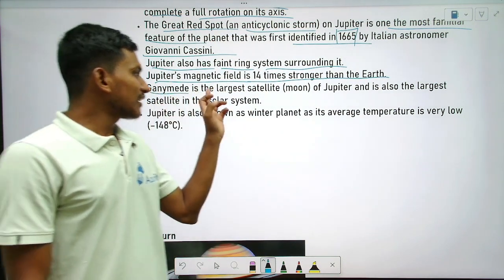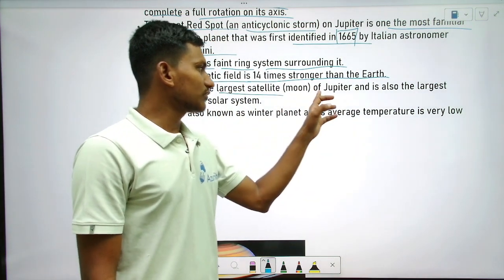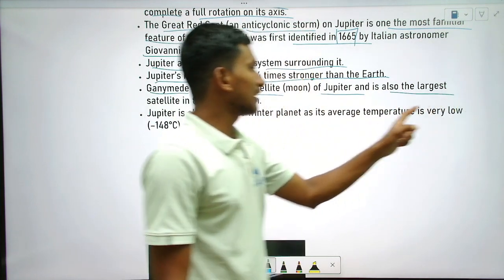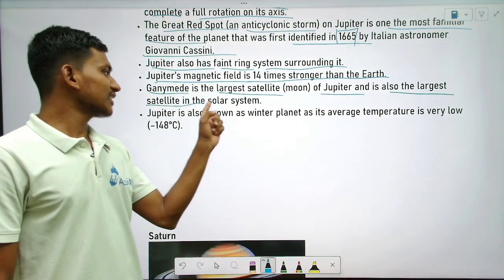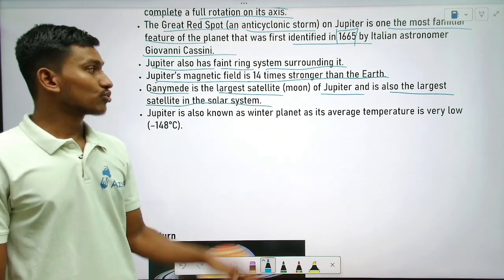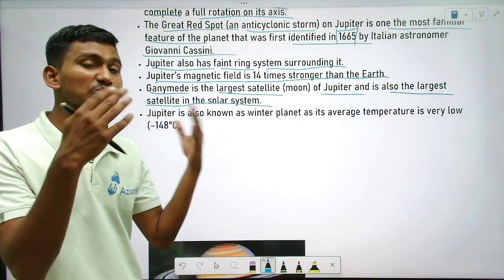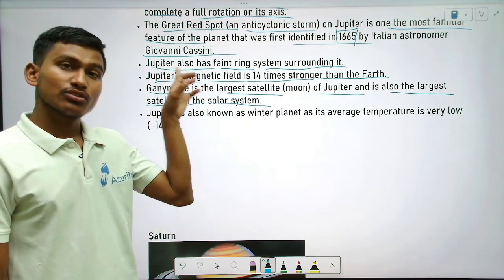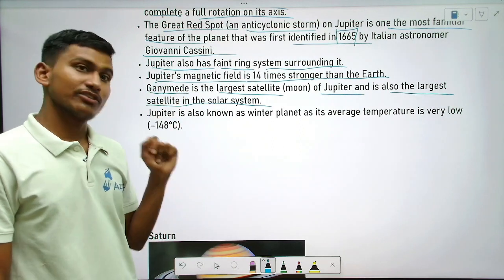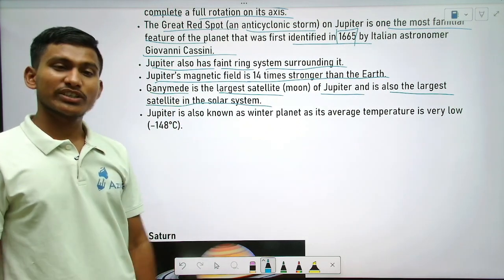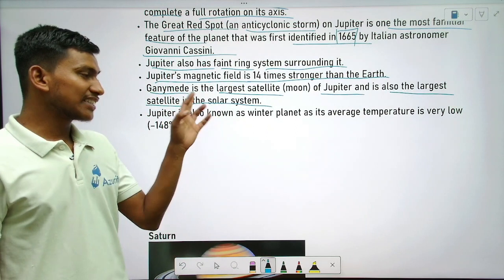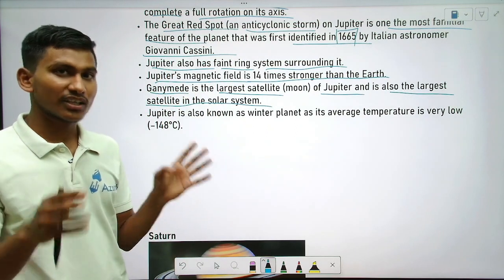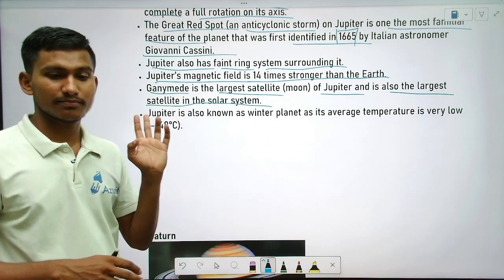Ganymede is the largest satellite, or moon, of Jupiter and is also the largest satellite in the solar system. Remember that. Our moon is smaller than this.